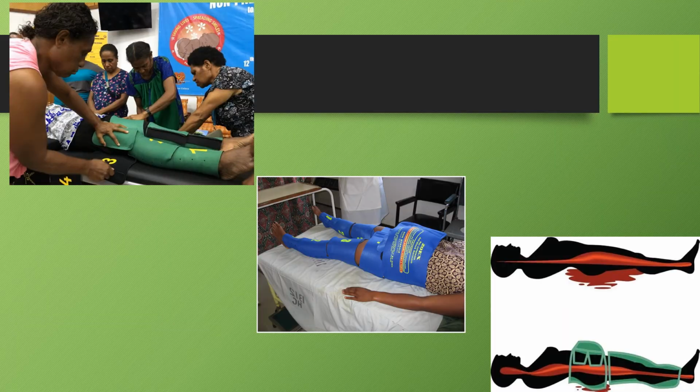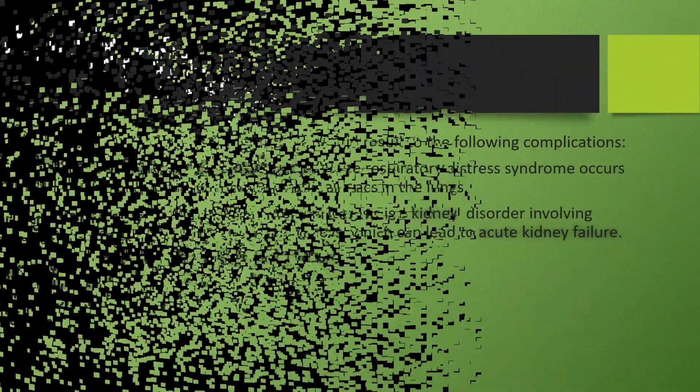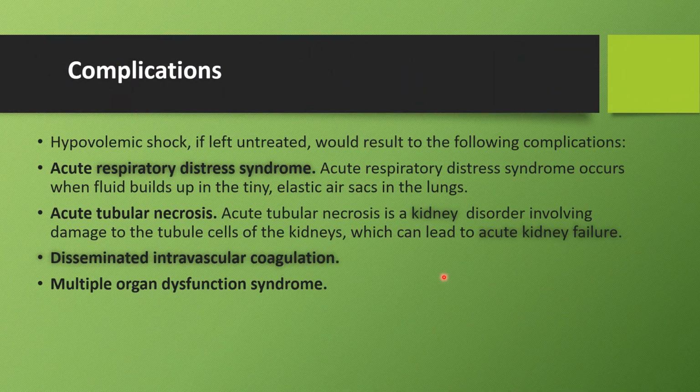So up to this, in this video, we have seen what is meant by hypovolemic shock, what the causes and signs and symptoms are, how we can find out, then what the treatment and medical management are.